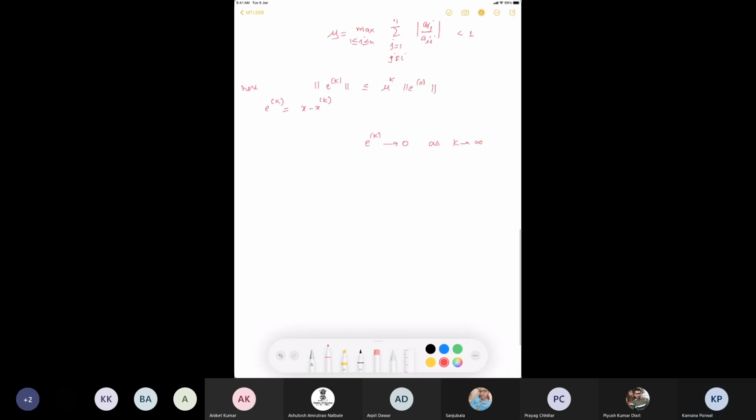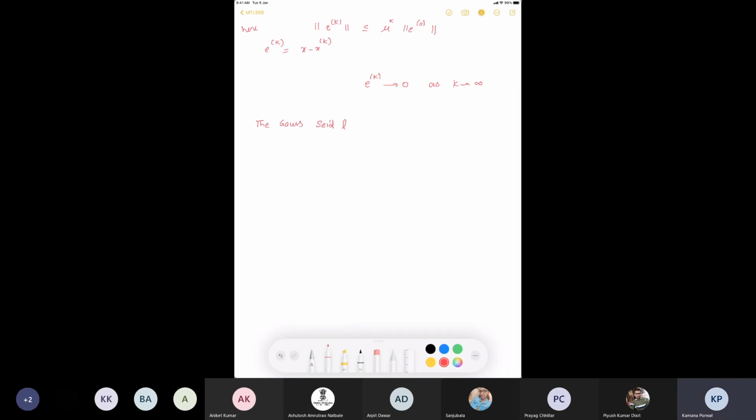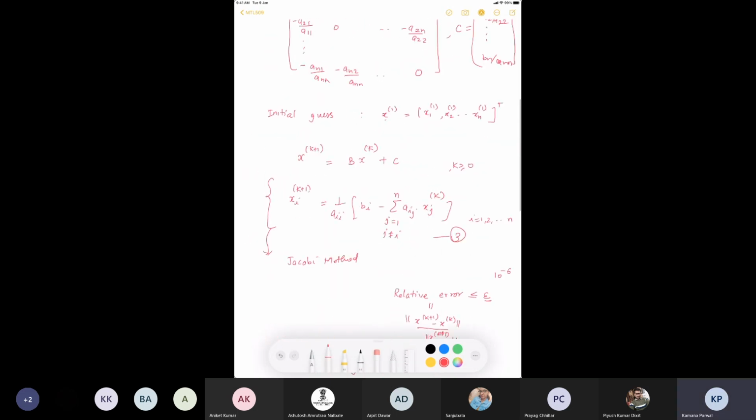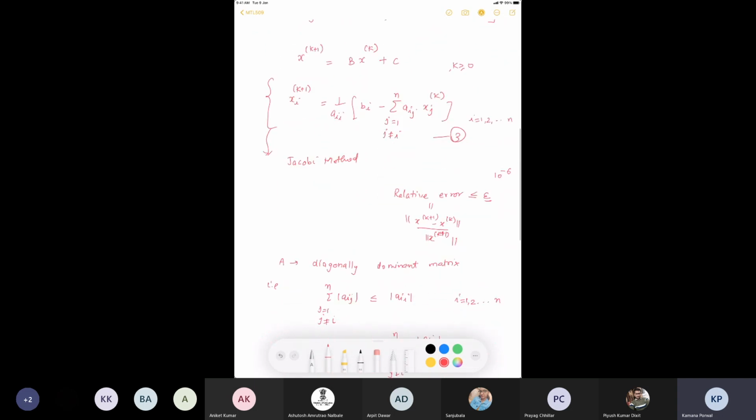So then we also saw the Gauss-Seidel method, which was a modification of this Gauss-Jacobi method. So what was the modification here? Let's write down the method we have in the Gauss-Jacobi.